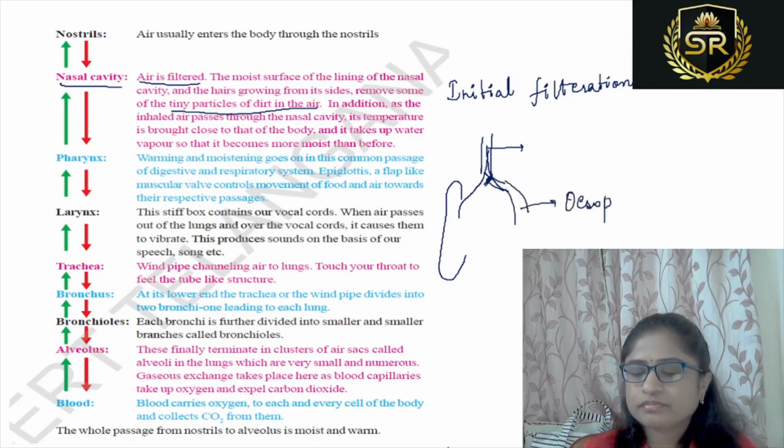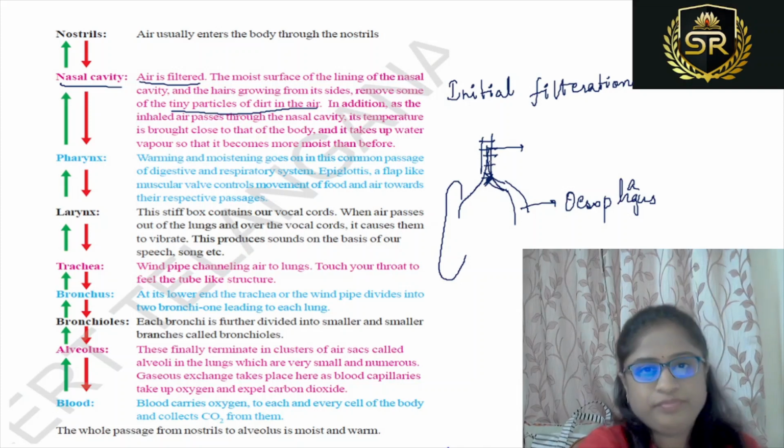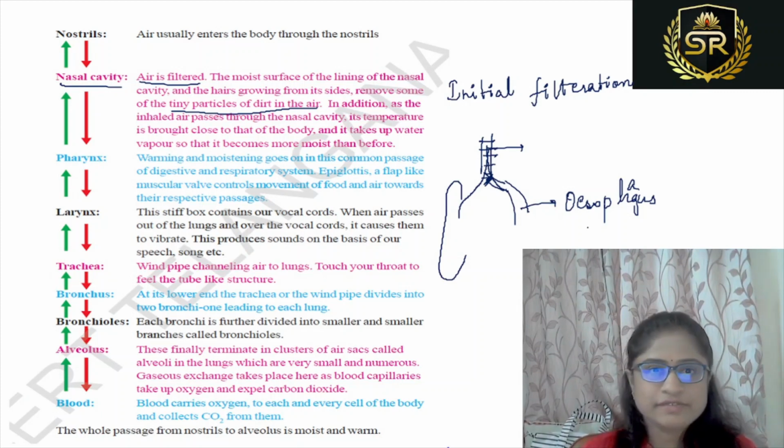So the pharynx is the common passage for air and food, for the digestive and respiratory systems.